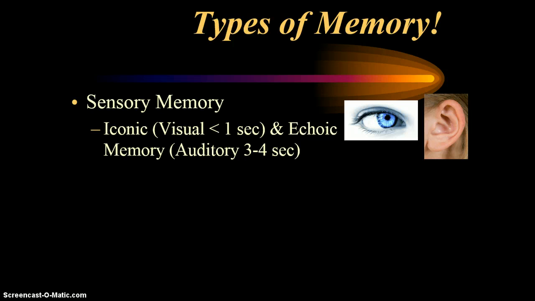If you just consider all of the things that you can see when you open your eyes, literally all the way from the furthest peripheral vision on your left to the furthest peripheral vision on your right, you have thousands of things that are coming in through your eyes all at once.